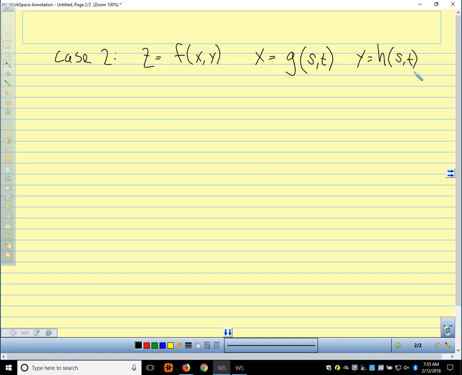So x and y then are also multivariable functions. So z is indirectly a function of s and t. So z varies with x and y, which vary with s and t. So what we're going to do is apply case 1 to each.